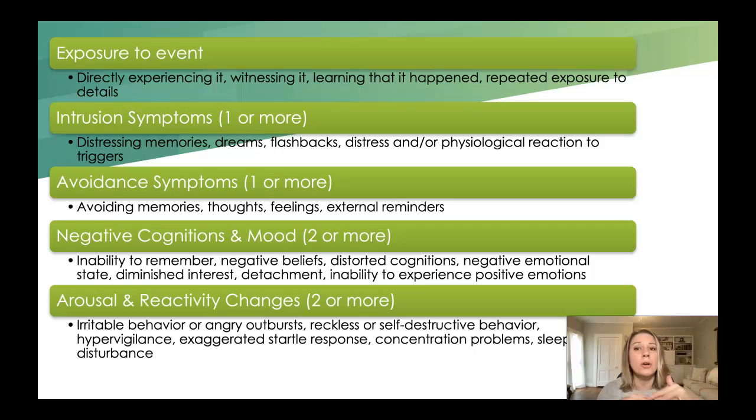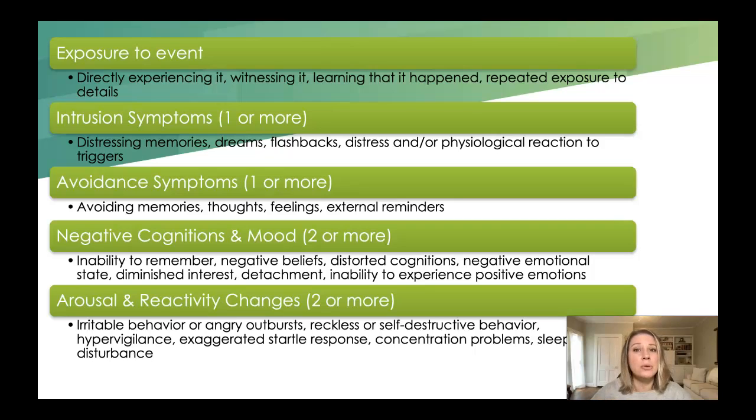And then they must have one or more intrusion symptoms, including distressing memories, dreams, flashbacks, distress and/or physiological reaction to triggers. They have to have one or more avoidance symptoms, including avoiding memories, thoughts, feelings, external reminders, and they have to have two or more negative alterations in cognition and mood, including inability to remember, negative beliefs, distorted cognitions, negative emotional state, diminished interest, detachment, and anhedonia, or the inability to experience positive emotions.